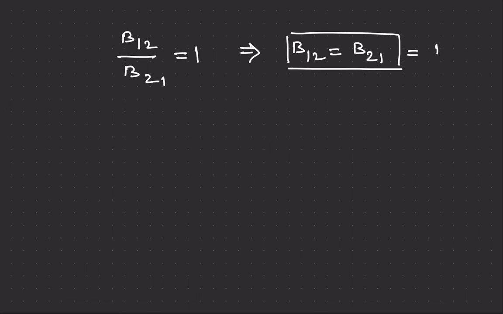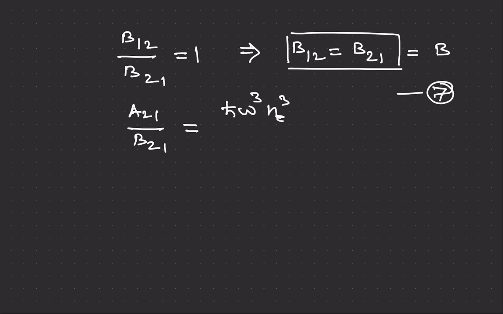Let's say it is B. This is equation number 7. And A21 by B21 is equal to h cross omega cube n0 cube divided by pi square c cube. This is equation number 8.